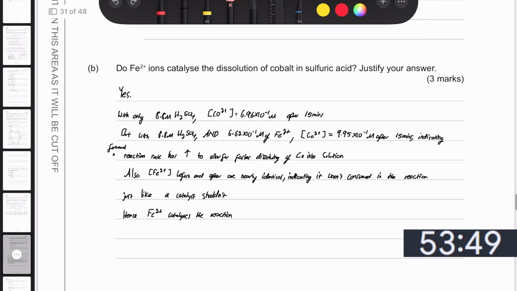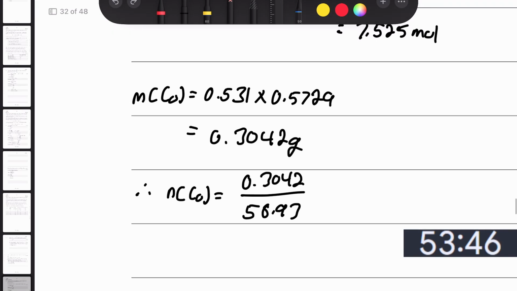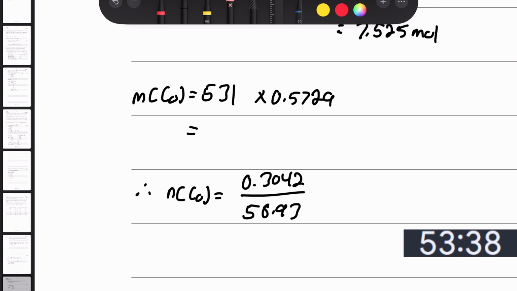Oh, kilograms. This is kilograms, so I need to multiply this by 1,000. There we go. That was what was wrong. So 531 times 0.5729, 304.21 grams. There you go.